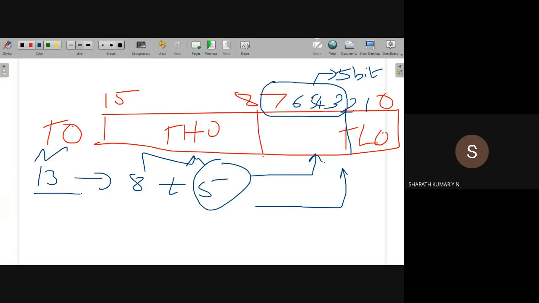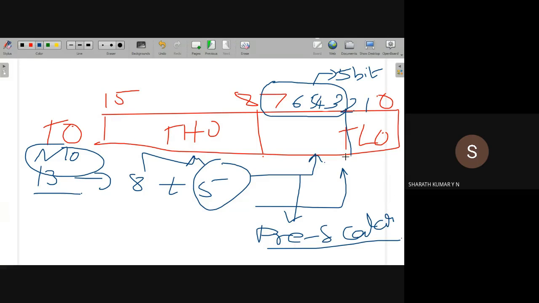That corresponds to mode 0. These 5 bits are used as what is known as prescaler units. What is a prescaler? I'll come to that point a little later.